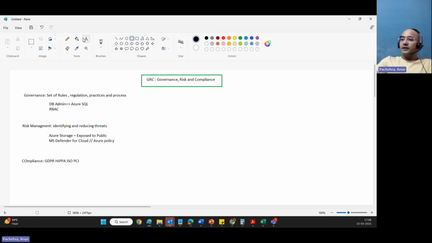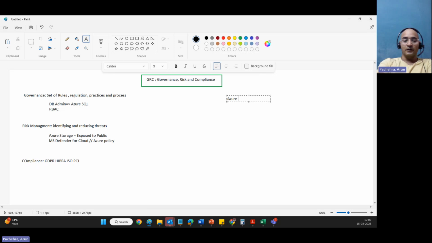Right, so let's start from the Azure perspective. Azure governance. Okay, now we know governance is rules, regulations, practices, and all those things. Governance ensures that cloud resources are securely managed, controlled, and compliant with company policies. That is what governance is.